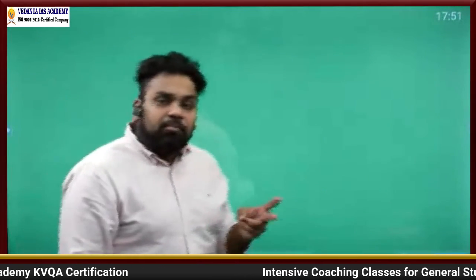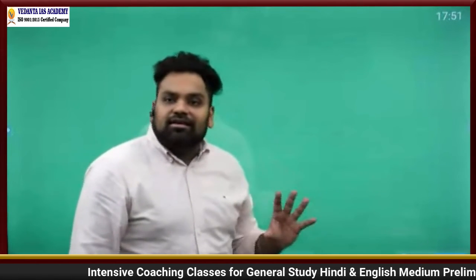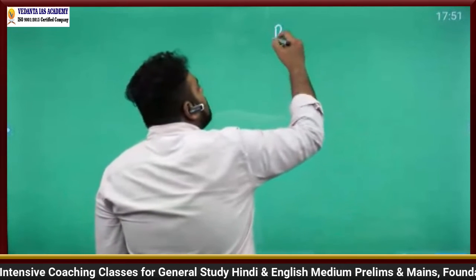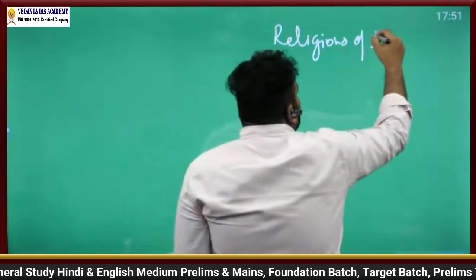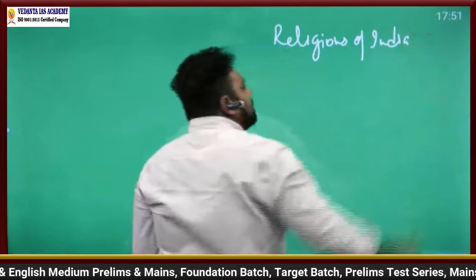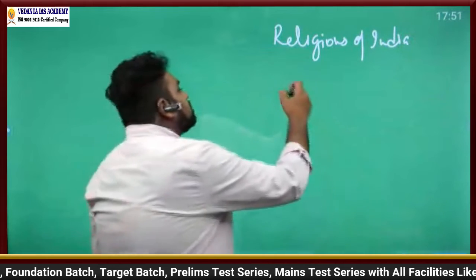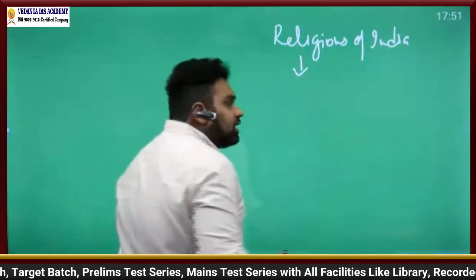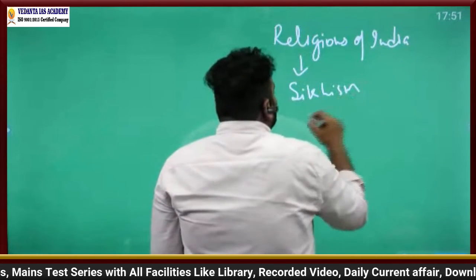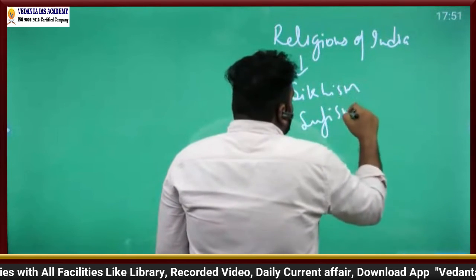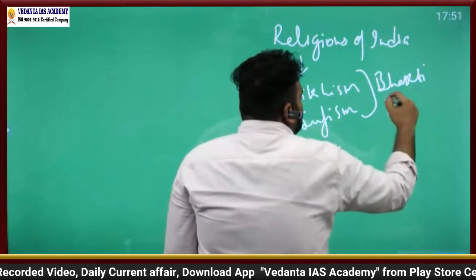So dances, paintings, architecture, these are schools of philosophy. These are the most important ideas. Then the religions of India. They are again very, very important, the religions of India, for the UPSC examination. Religions like Sikhism, Sufism, right? They were actually part of your bhakti movement.